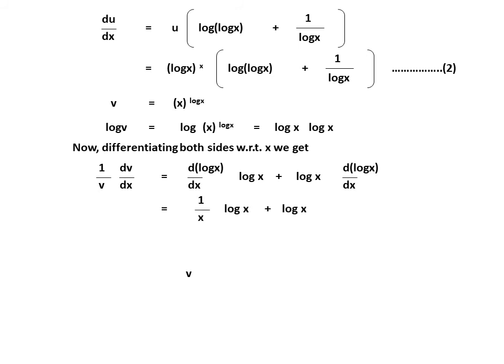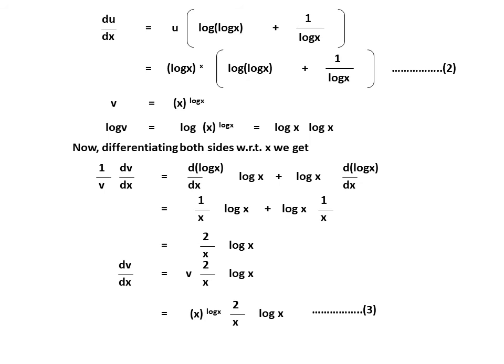So this is 1 by x log x plus 1 by x log x, that is 2 by x log x. You can also take log x square and do it. Both are one and the same. Therefore dv by dx will be equal to, cross multiplying by v, x to the power log x into 2 by x into log x. So this is dv by dx, 3.